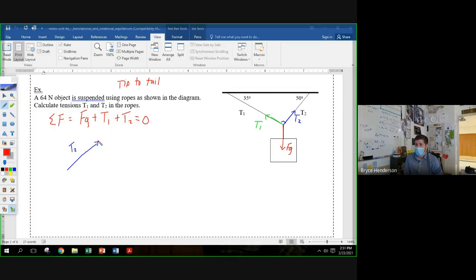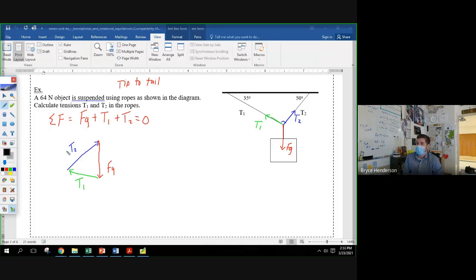Then I go tail to tip, down, that would be FG. And then where is T1 going to be drawn? Right back across, right? Make a nice triangle. Not a right triangle, though. Yikes. So we have a complex triangle here.